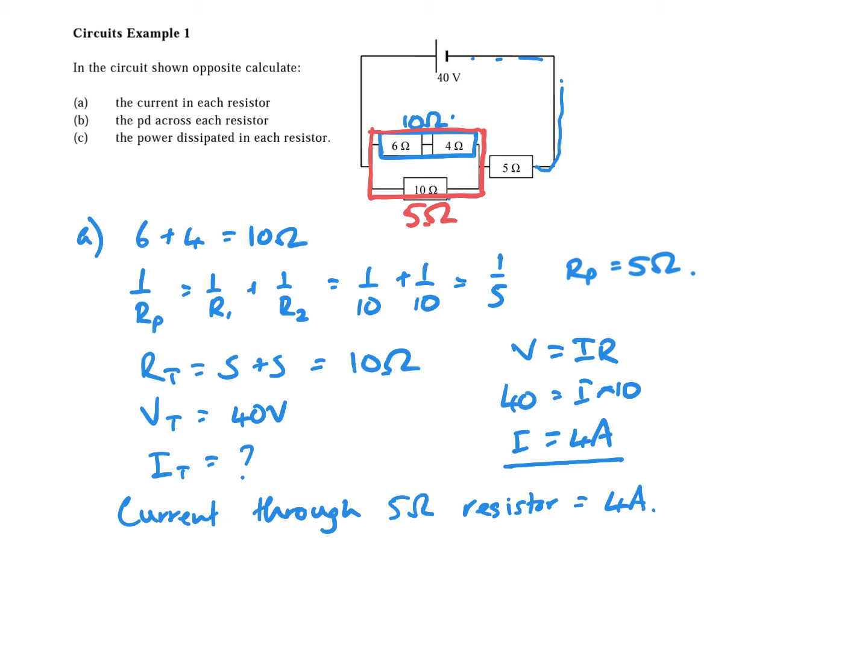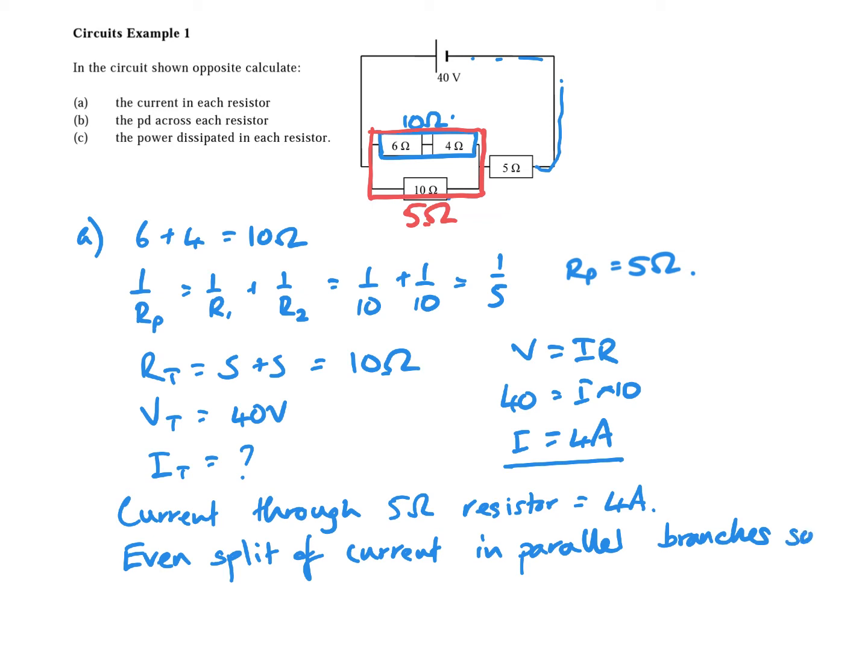But the simplest way would be to say even split of current in parallel branches, so the top branch and the bottom branch would be 2 amps. In the top branch, the 6 and the 4 are in series, so it's going to be 2 amps through both of them. That will be the same current.